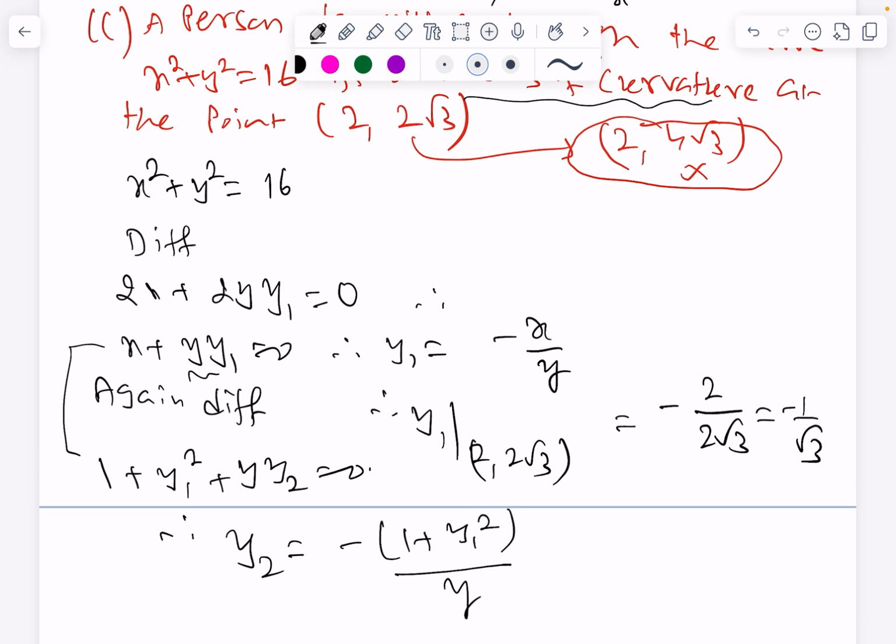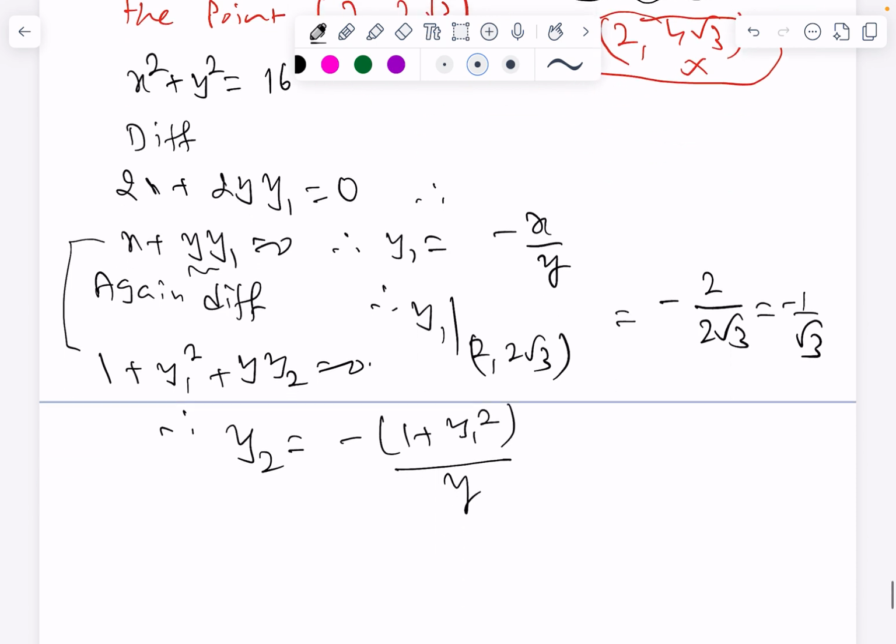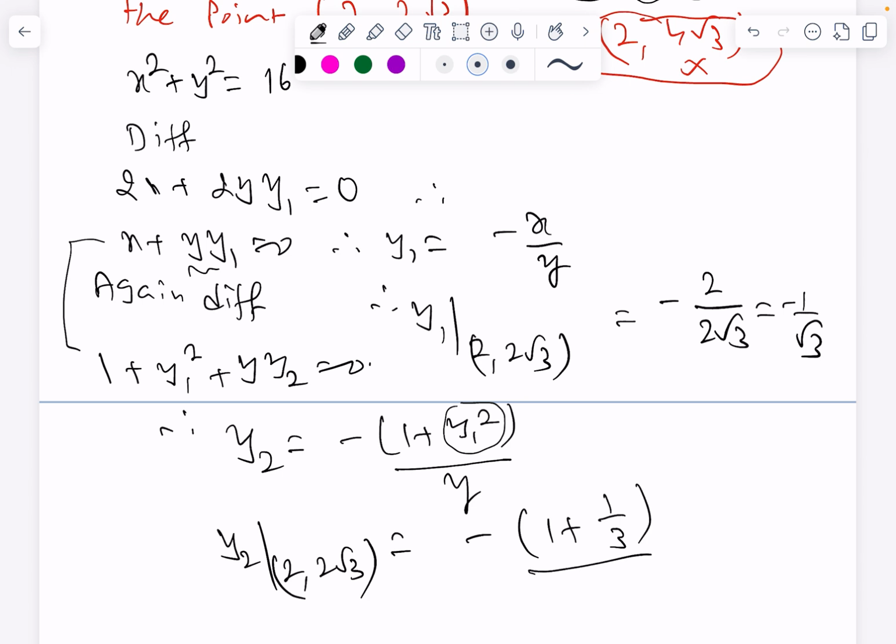And y2 at the point 2 comma 2 root 3: minus of 1 plus, now the value of y1 at the point is minus 1 by root 3 and its square is 1 by 3, over y is 2 root 3.